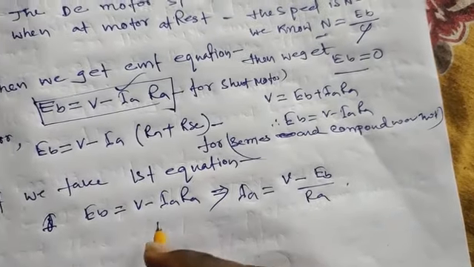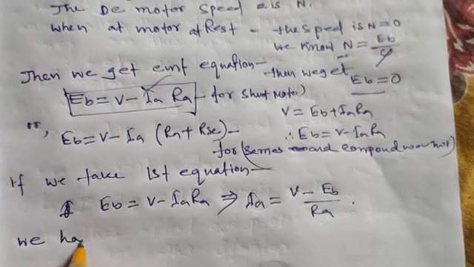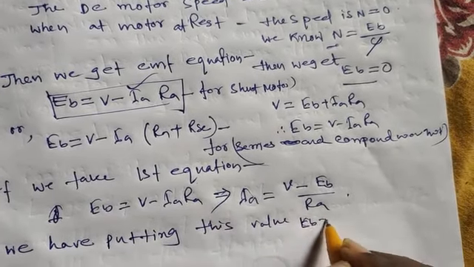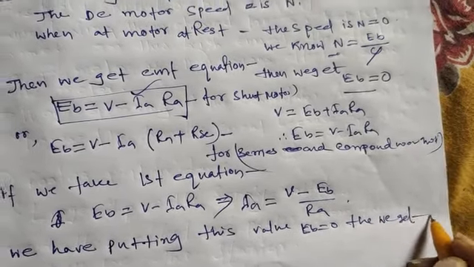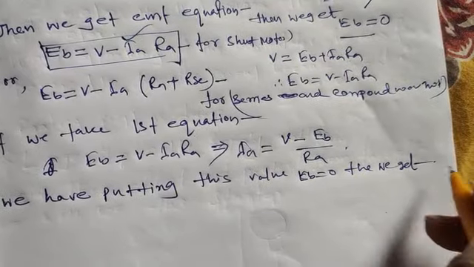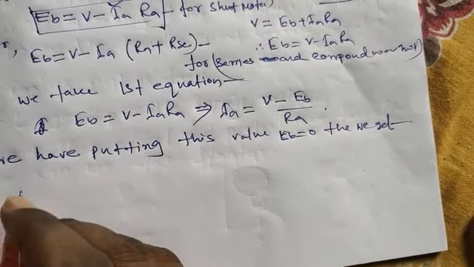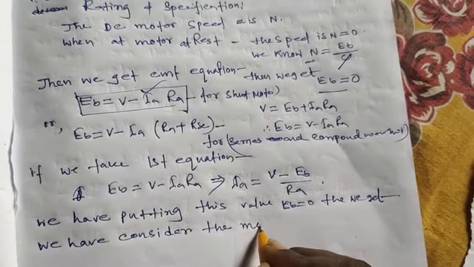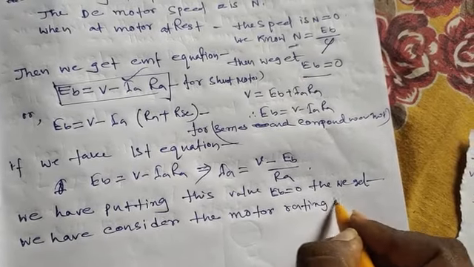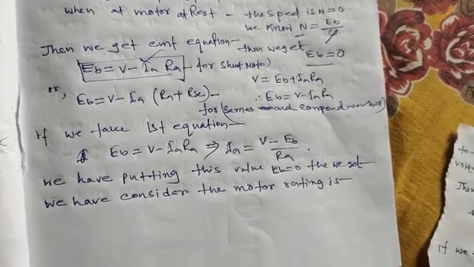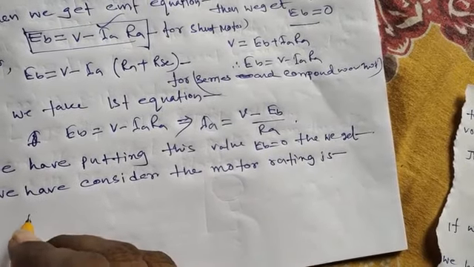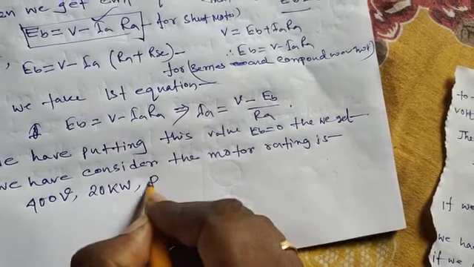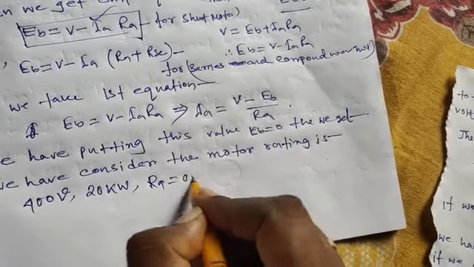Putting the value EB is equal to 0, we get the armature current. Suppose, for example, we consider a motor rating of 400 volt, 20 kilowatt, with armature resistance 0.5 ohm.